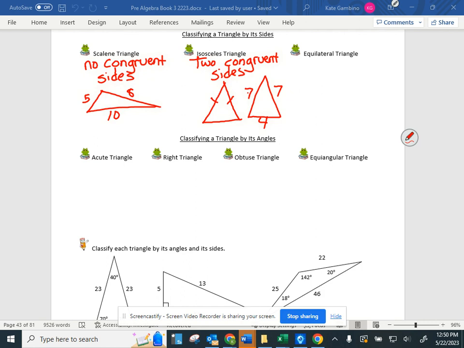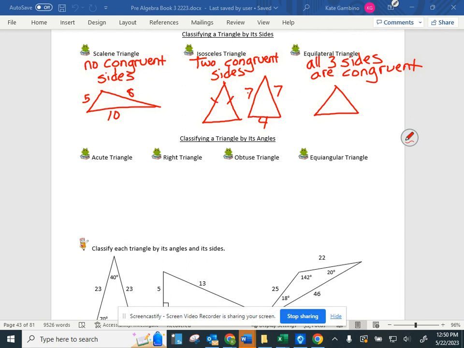Equilateral triangle. Tatum. All three sides are congruent. How do I label an equilateral triangle? Numbers.